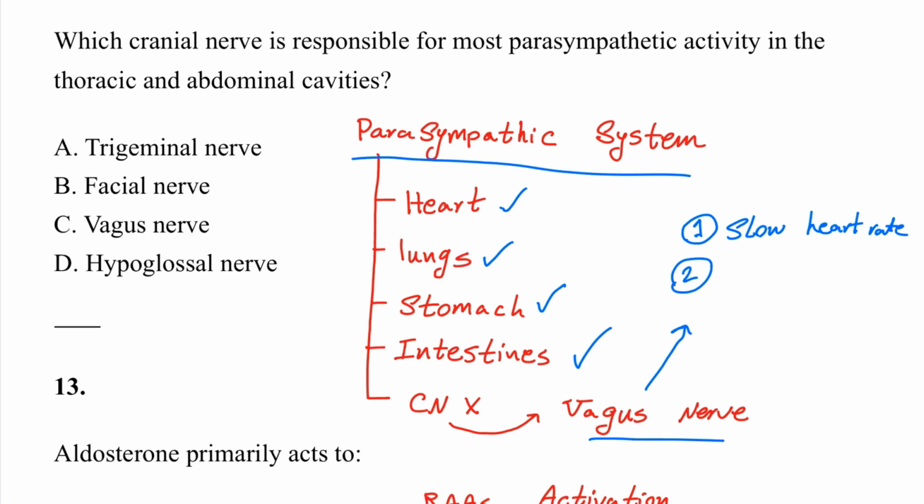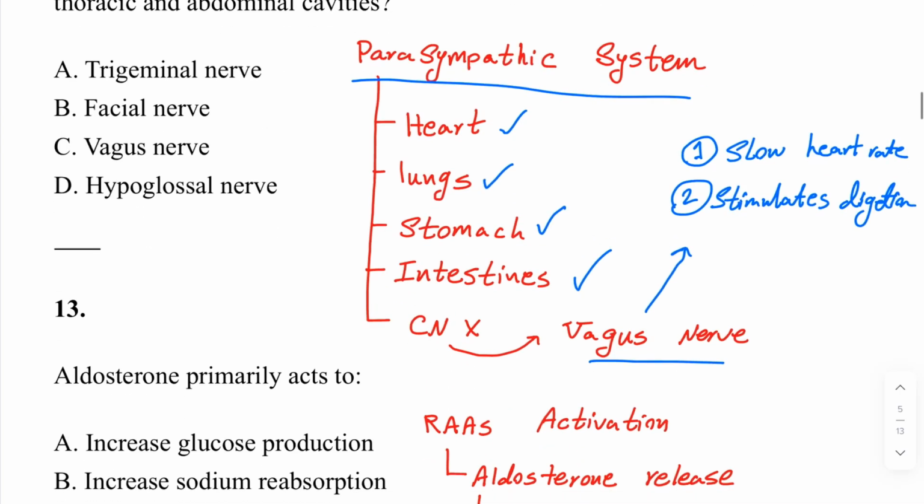Two, stimulates digestion. Three, regulates many autonomic functions. Yes. So, therefore, the correct answer is the vagus nerve.